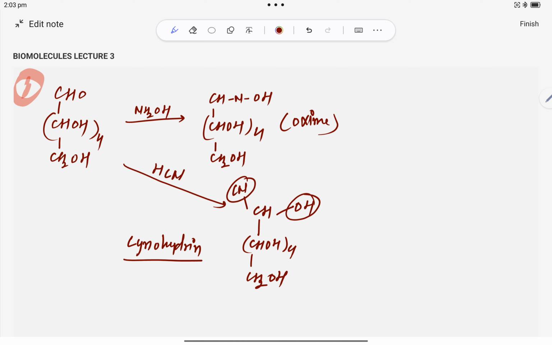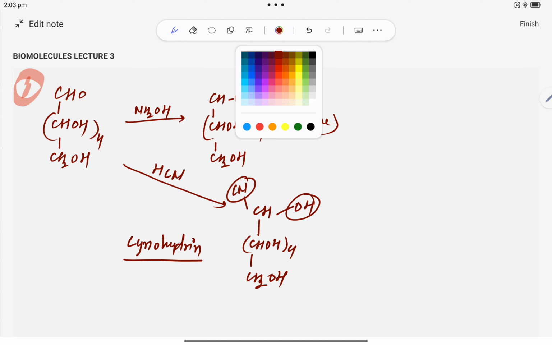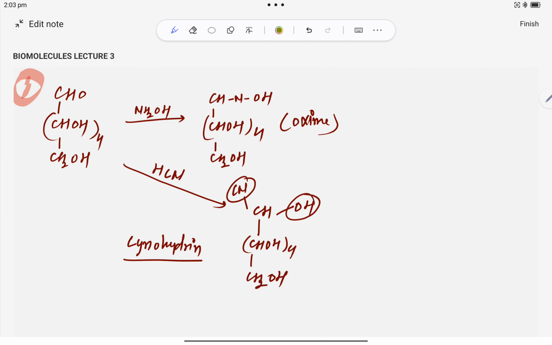So on the basis of these two reactions, what can you say? It proves that a carbonyl group, meaning C double bond O, is present in the glucose structure.